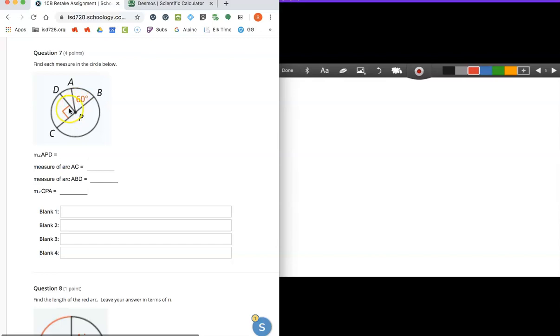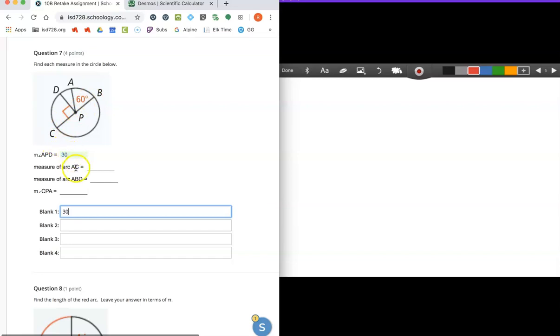So these two, 90 and 60, they make a total of 150. So this angle here has to be what makes all three of them equal to 180. So 90 plus 60 is 150. APD has to be 30 because these three numbers have to make 180 since CPB is going right through the center.